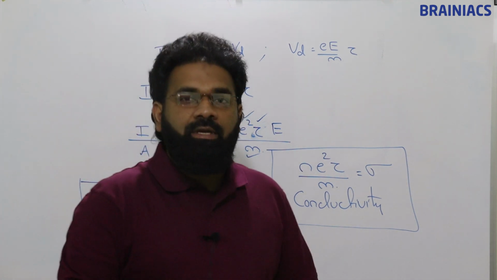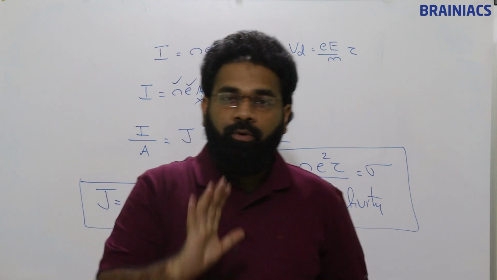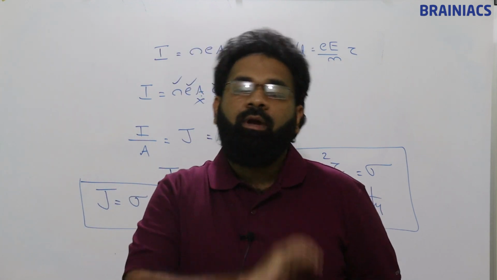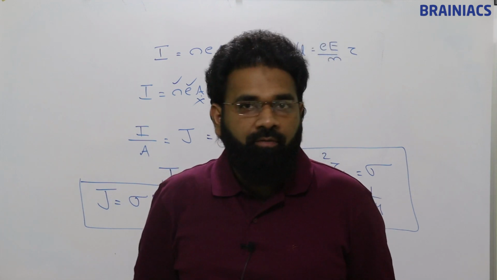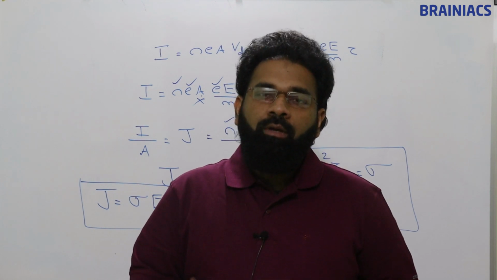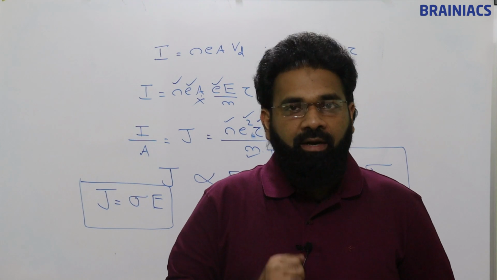So this conductivity is a constant for a particular material. For steel, conductivity will have a constant value, and for copper there will be a specific conductivity. Likewise each material will have a specific conductivity.